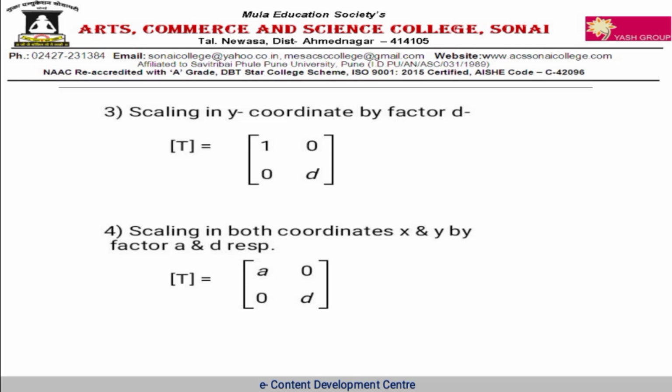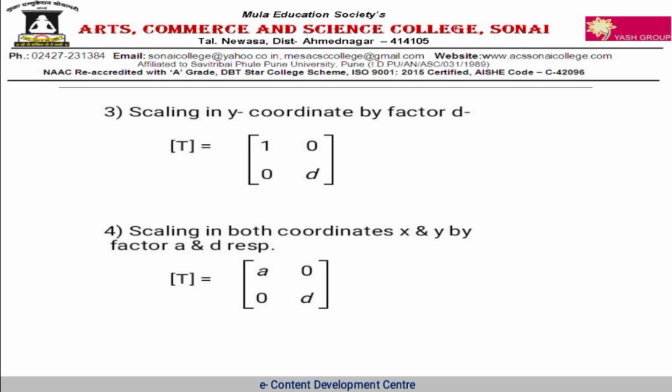So when we solve a problem on possible effects and scaling in y coordinate is given, we use the transformation matrix T equal to 1 0 0 D.